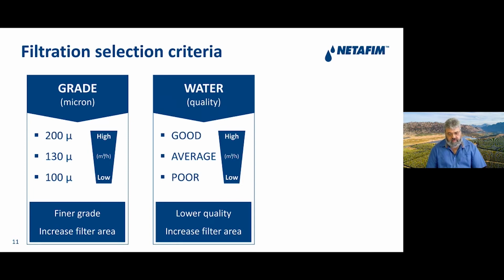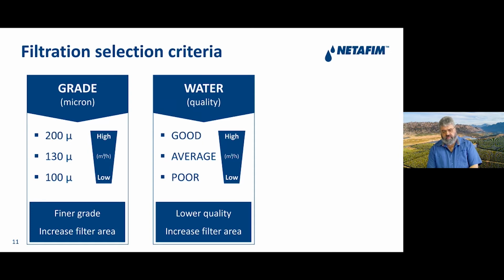The water quality, we will look at good, average, and poor for this slide. If we have a good quality water, it means that I can put a high flow rate through a certain filtration area. But as the water quality goes down to average and poor, it means that I can put less flow through the same filtration area.